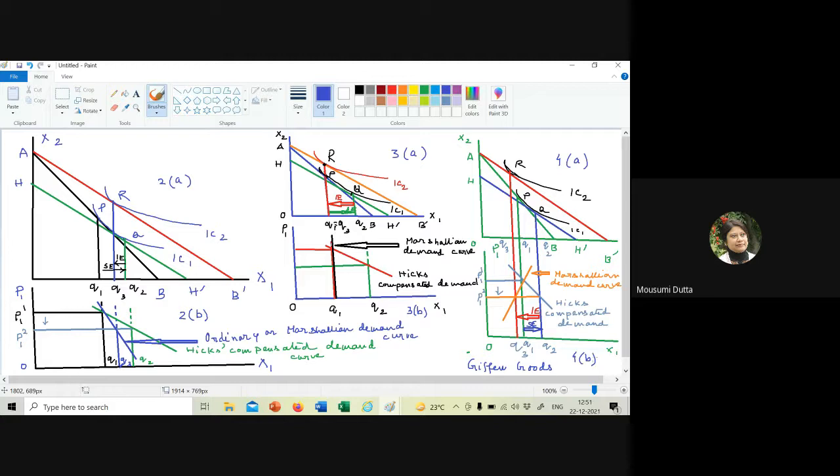Okay, so make a new paragraph. If X1 is an inferior good, then income effect leads to a reduction in demand for X1.